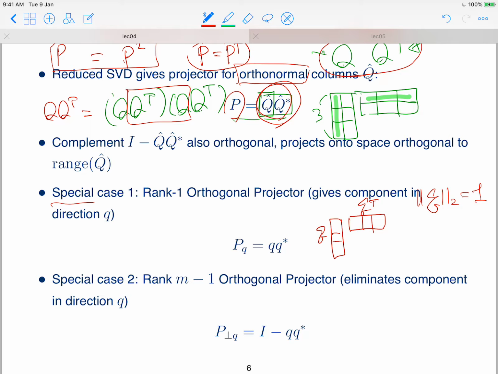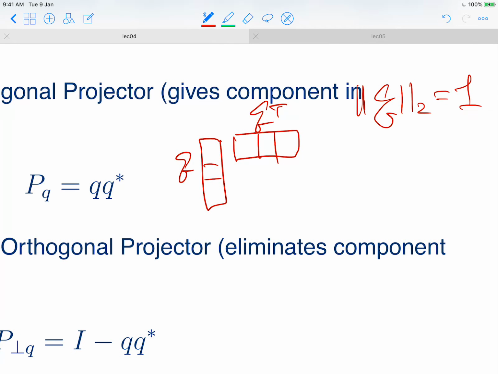So that will work as a kind of simple case of this orthogonal matrix.